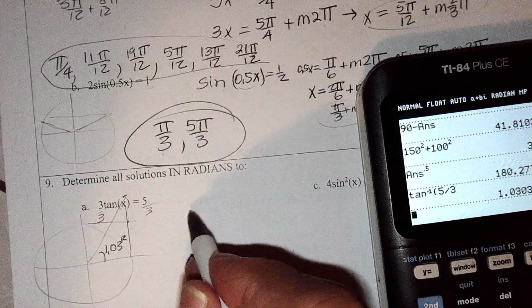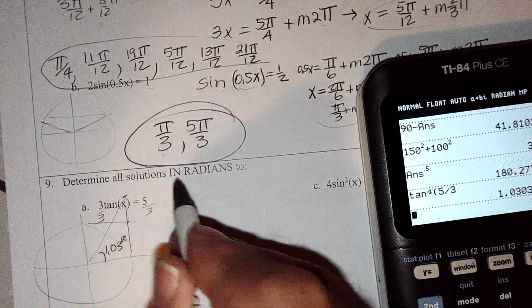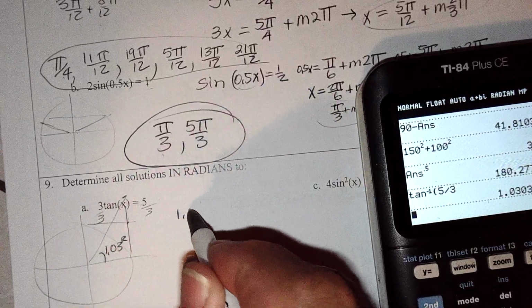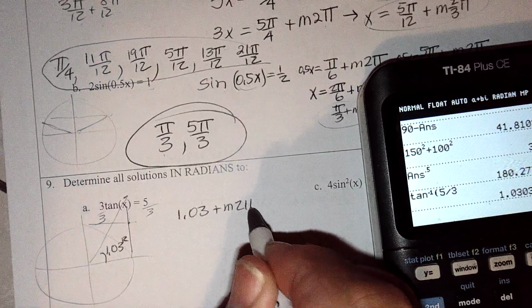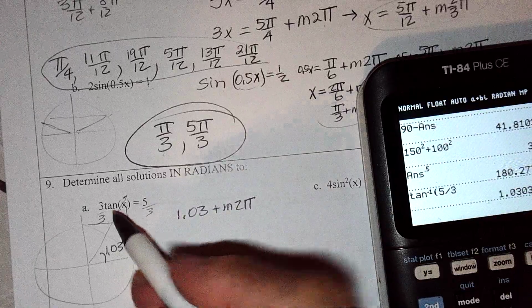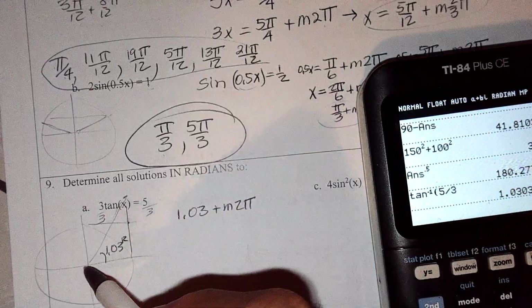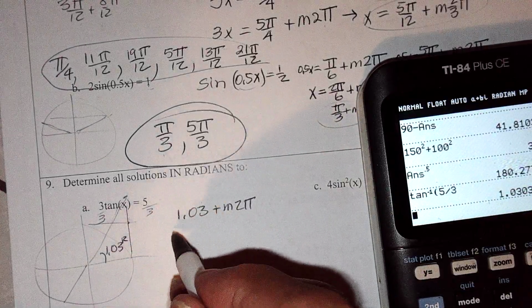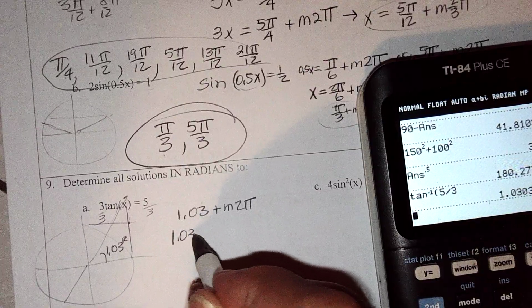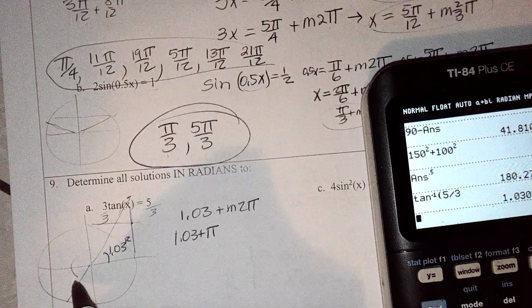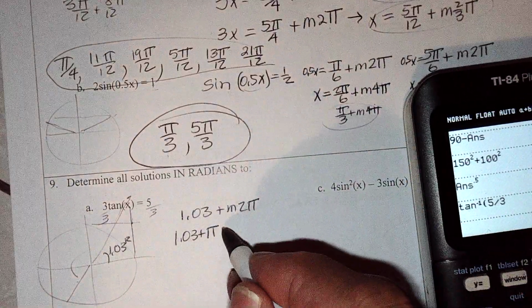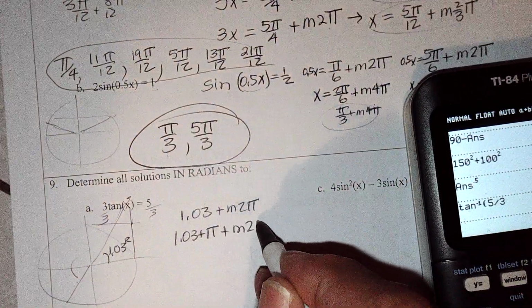So one answer, approximate, it doesn't say exact here, so I can go 1.03 plus multiples of 2 pi. But the other place the tangent hits is over here, which is 1.03 plus pi. That takes me clear over to here, plus multiples of 2 pi.